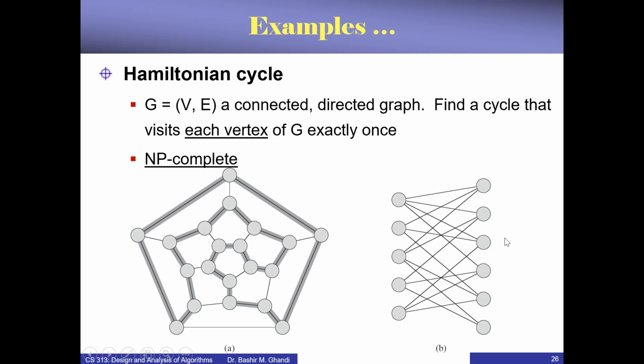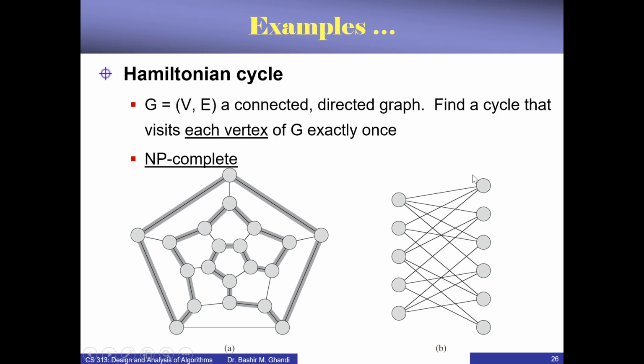Now there is a theorem that says that a bipartite graph that has an odd number of vertices cannot have a Hamiltonian cycle. The idea is very easy, because in a Hamiltonian cycle, if you start from a vertex, at the end of the cycle you must come back to the same vertex. If you leave this part and you go to the other part, you must come back to complete the cycle.